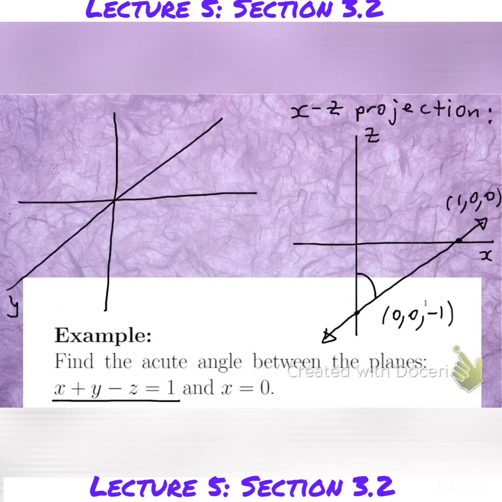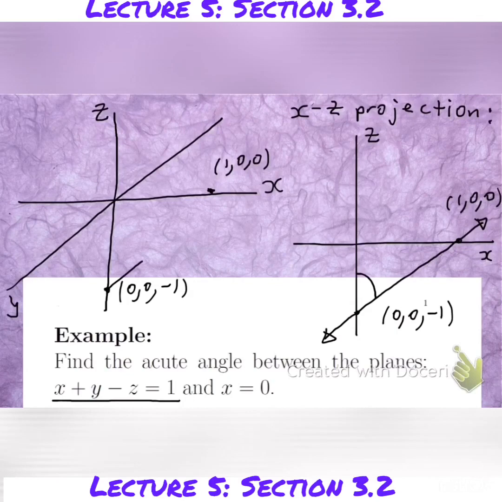So let's just quickly see what this thing looks like. There we've got the point we said is 1, 0, 0, and the point we said is 0, 0, minus 1.